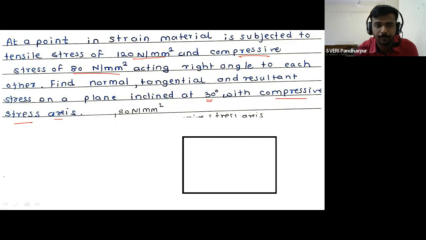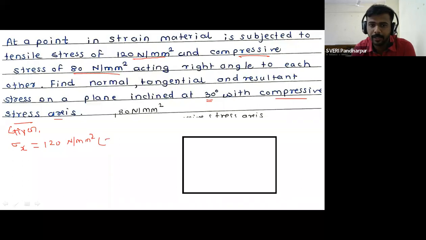So first of all, write down all the given parameters, that is sigma x is equal to 120 Newton per mm square in bracket tensile. Sigma y is equal to minus 80 Newton per mm square in bracket compressive.